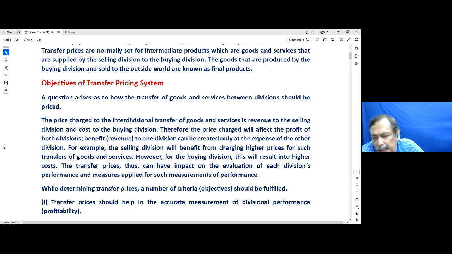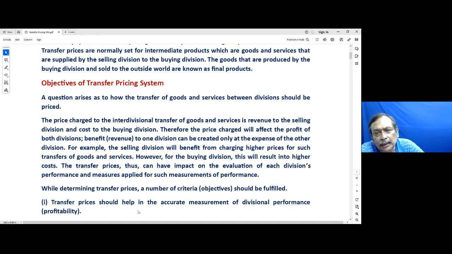So definitely the manager of the transferee division will not accept the higher price. So there will be a tussle between these two divisions, and how the transfer price is going to be fixed, that we are going to discuss in our next class. Hope you have understood what I have said.